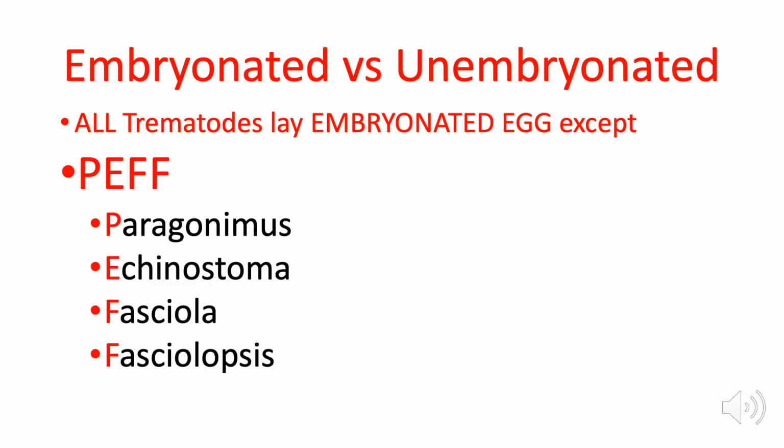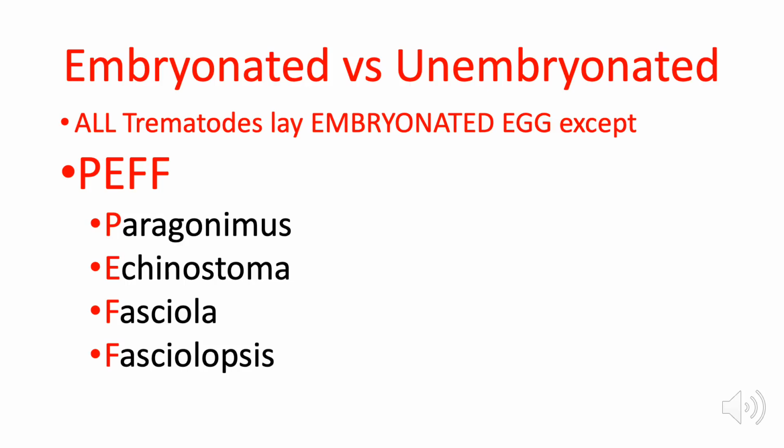Now, what trematodes are producing unembryonated ova? You have to memorize the acronym PEFF. All trematodes lay embryonated eggs or ova except for PEFF. P, Paragonimus. E, Echinostoma. F, Fasciola.